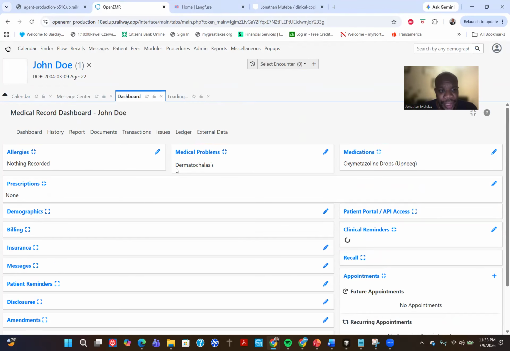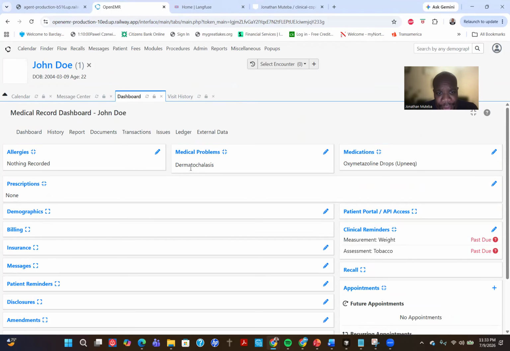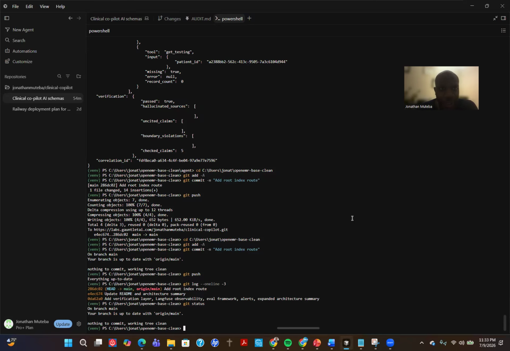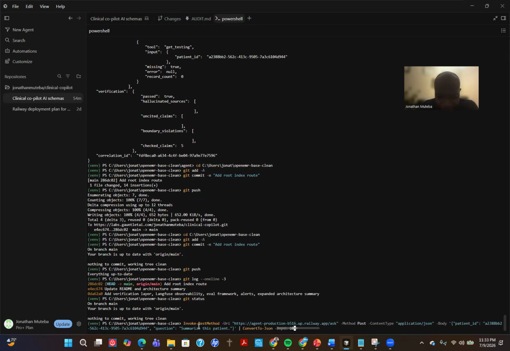It tells us here that John Doe has dermatochalasis, if that's correct. And then here is the medication, which I'm not going to even pronounce. Now that we have that, I'm going to go to my Cursor and my PowerShell and type in a command here.